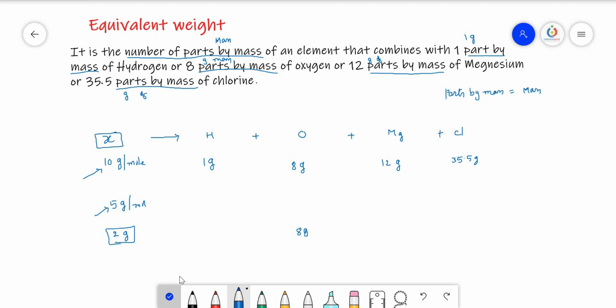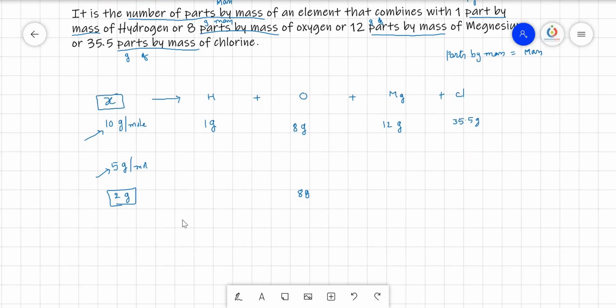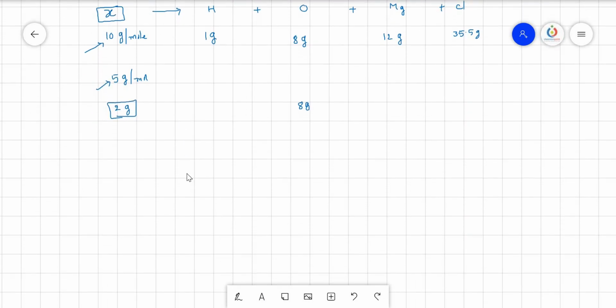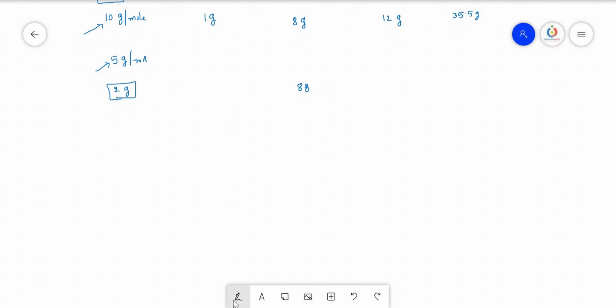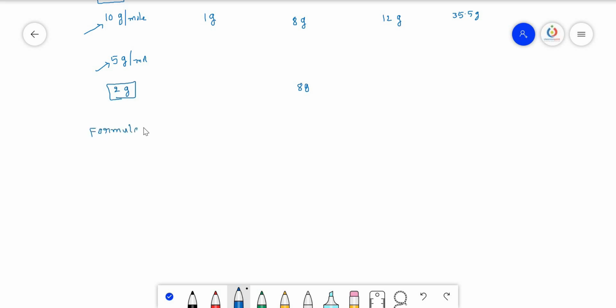So we need separate methods which help us find the equivalent mass. Generally we follow physical methods, which means we go by formula. There are many formulas to calculate the equivalent masses of elements and molecules. Let us see how to calculate the equivalent mass.